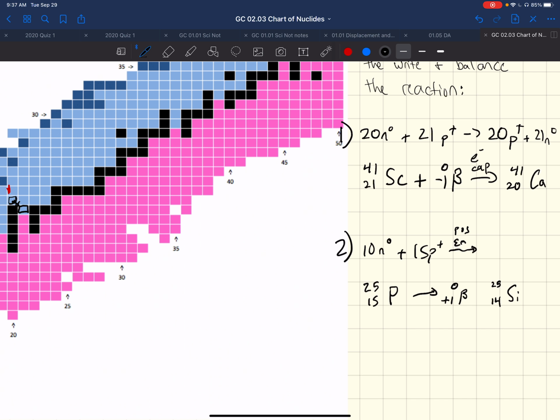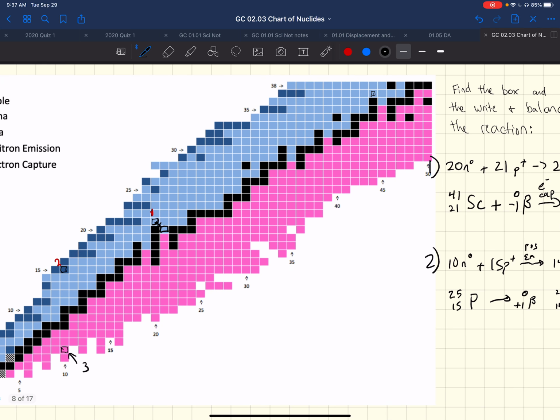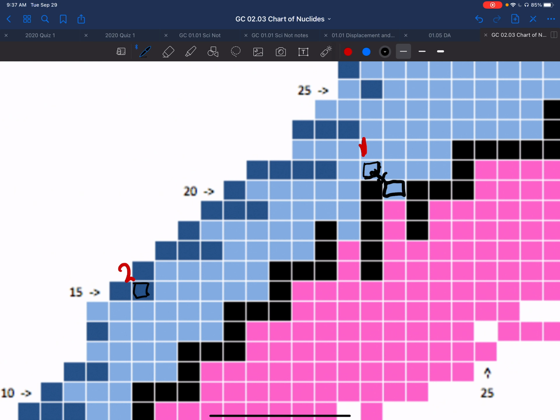Okay, so if I think about what's happening, my number of protons is going to go down, and my number of neutrons is going to go up. And that is the same exact effect that the electron capture had. So this also moves us down and to the right.